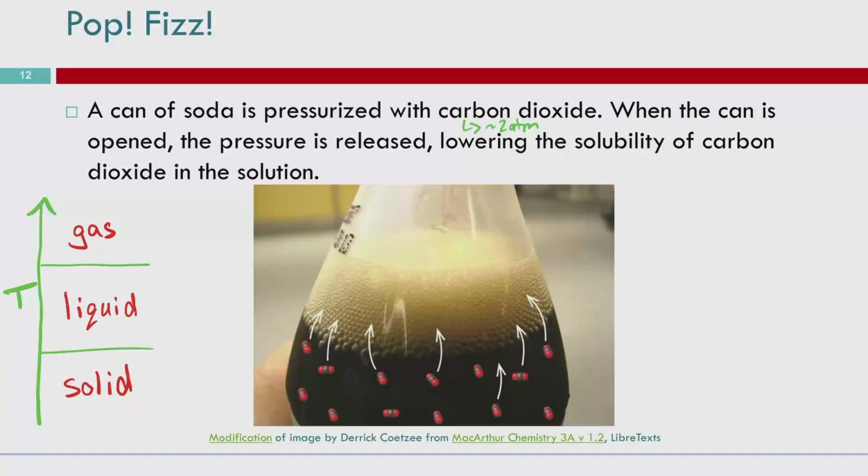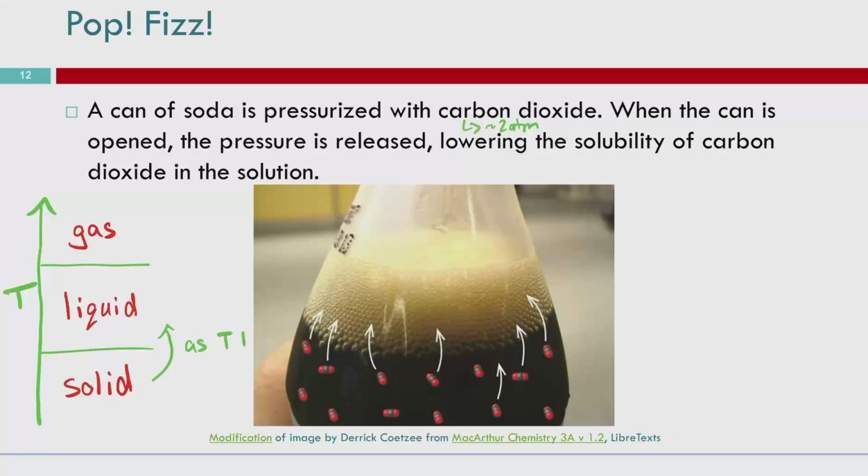All right, thinking about solids, when we increase the temperature of a solid, does it become more or less like a liquid? If we increase the temperature, we're moving up on this graph, right? It's going to become closer to being a liquid.